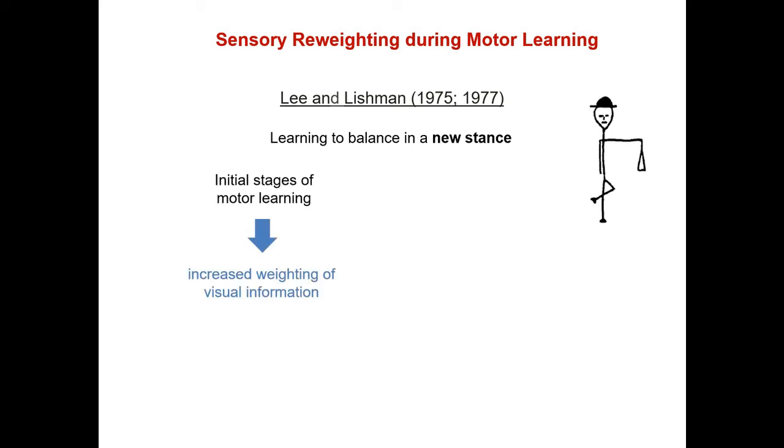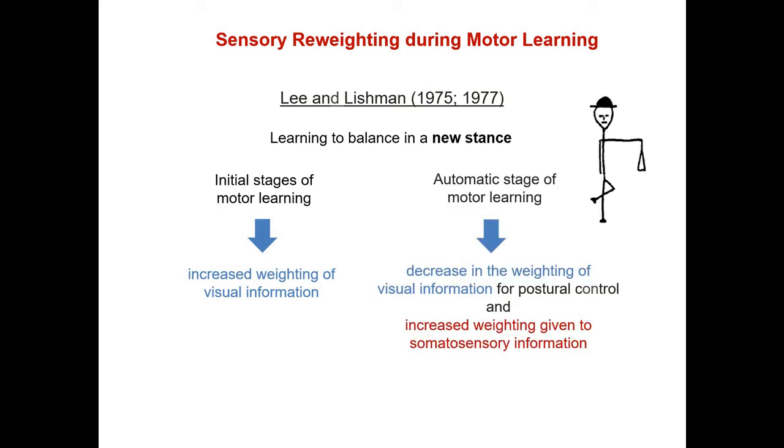In the initial stages of learning in this task, there was a much stronger reliance on visual information. Participants struggled to stand in the new stance with their eyes closed, and movements of the visual surroundings, i.e. moving the moving room, destabilized balance.